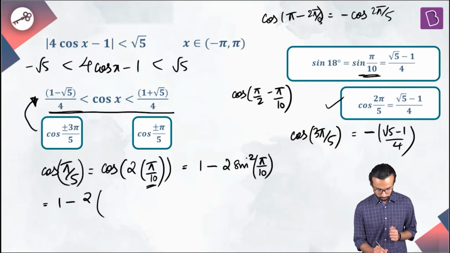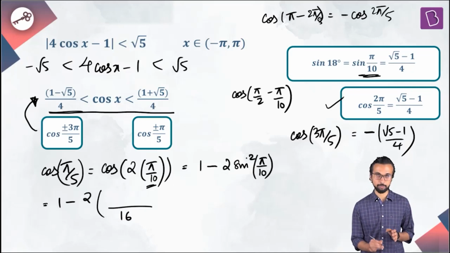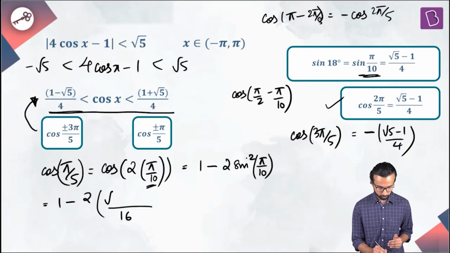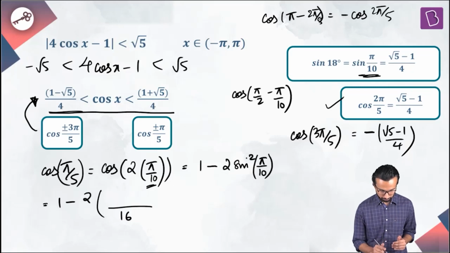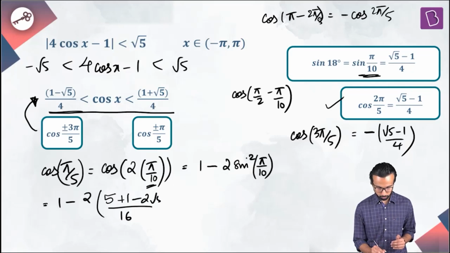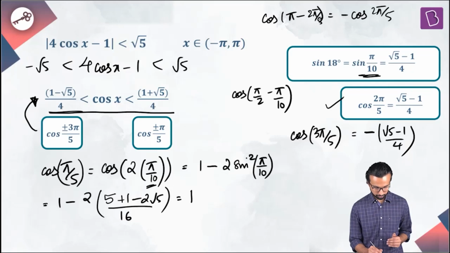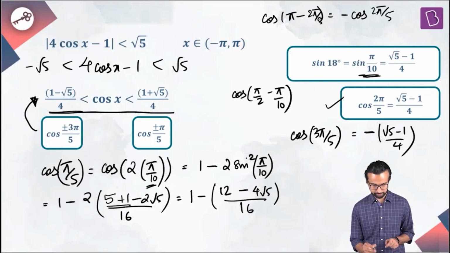So (root 5 minus 1)/4 the whole squared becomes 16 in the denominator, and (root 5 minus 1) the whole squared becomes root 5 squared, which is 5, plus 1, minus 2 root 5. So then this comes out to 1 minus, what is the numerator here? 6 into 2, which is 12, minus 2 into 2, which is 4 root 5, divided by 16.